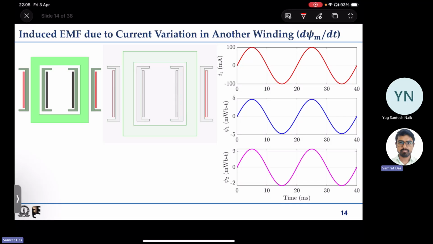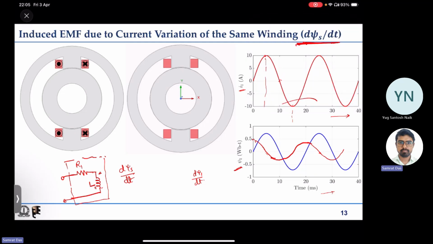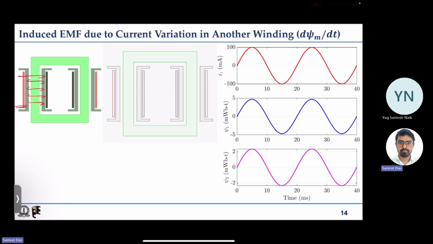So we have one coil wound around the first limb, and we have some coil wound around the second limb also. We have some second coil.